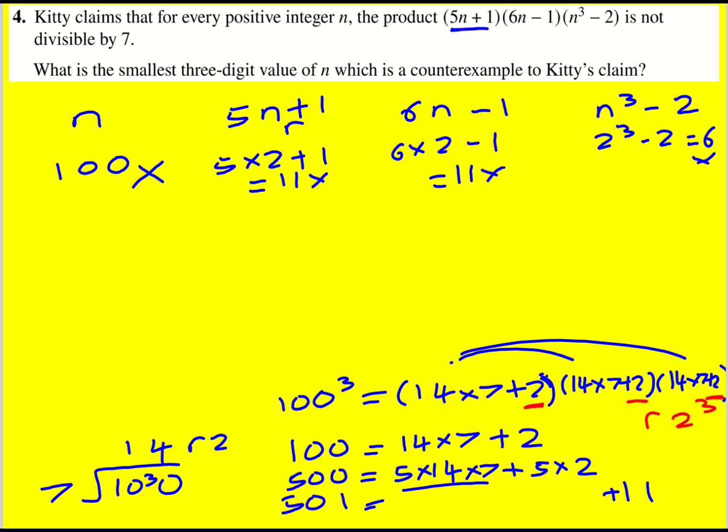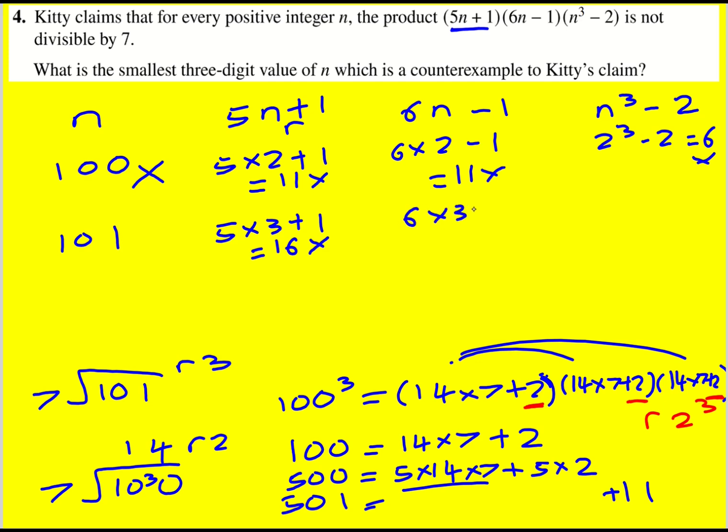Let's keep going. So now I'm going to go with 101, and I'm going to be doing the same sort of thing. So 7 into 101, I don't even need to do the whole thing. The remainder is going to be 3 now. So now I would get 5 times 3 plus 1 if I want the remainder from 5 times 101 plus 1. And that's going to be 16. So it's not divisible by 7.